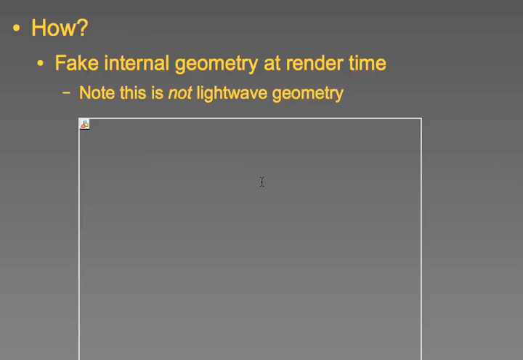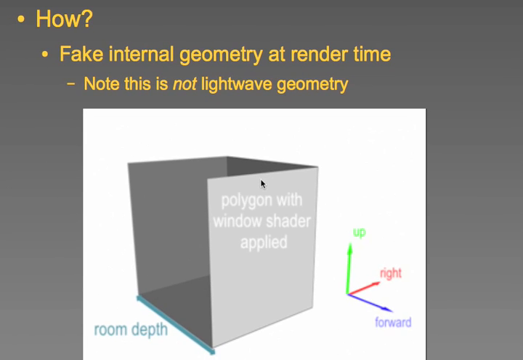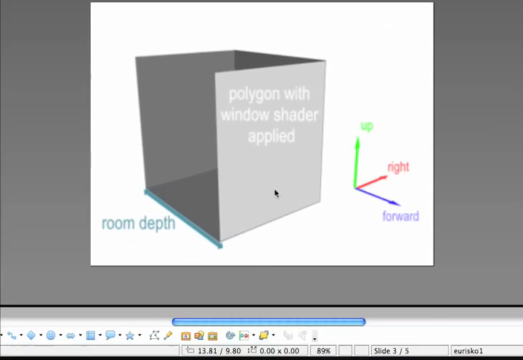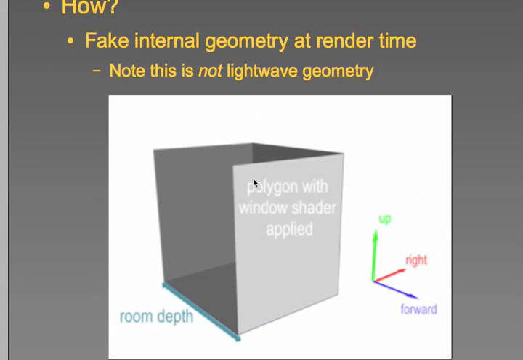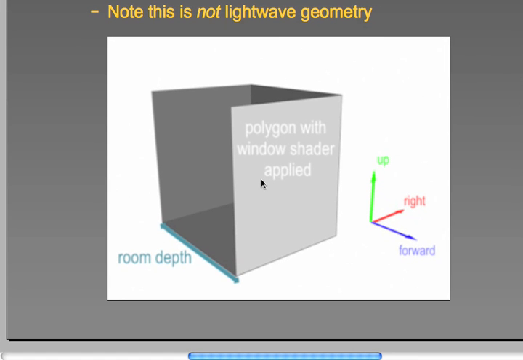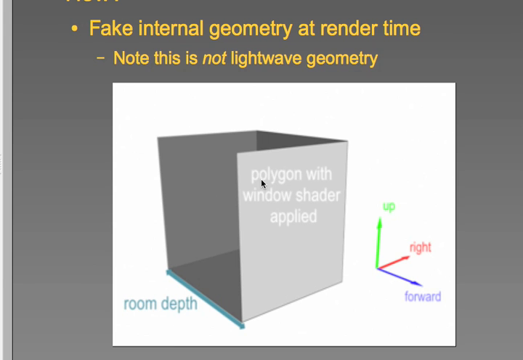Now, if we talk about how it's done, what vRoom actually does is, if you can see in this diagram here, this light grey, I'm not sure how well that will come out in the video, is a regular LightWave polygon. What vRoom does is fake the geometry that can be seen, and it does this at render time by analysing the geometry of the building, the polygons with the shader applied.